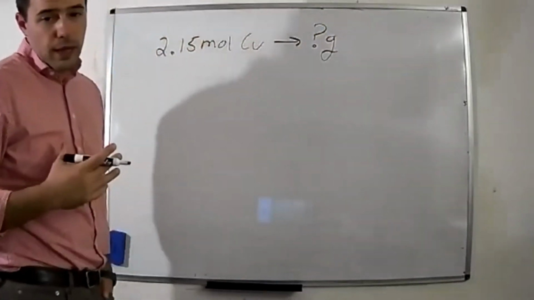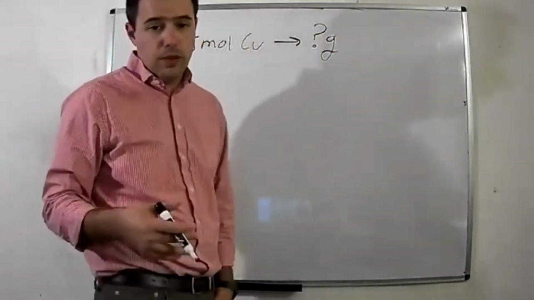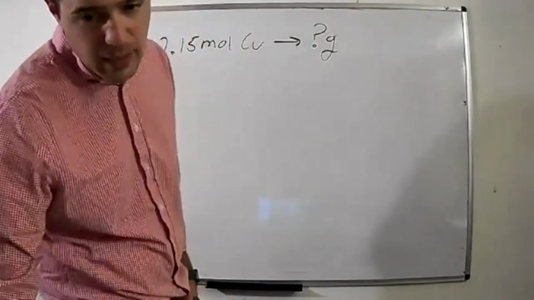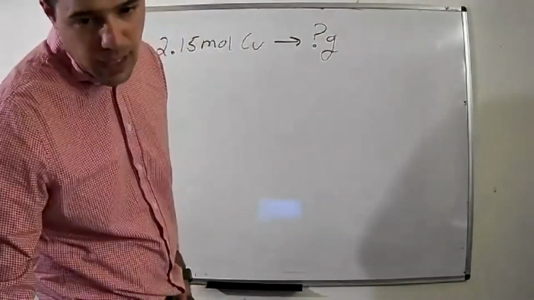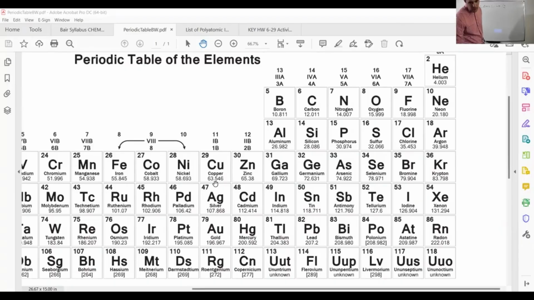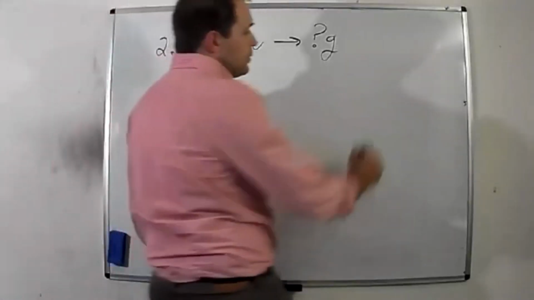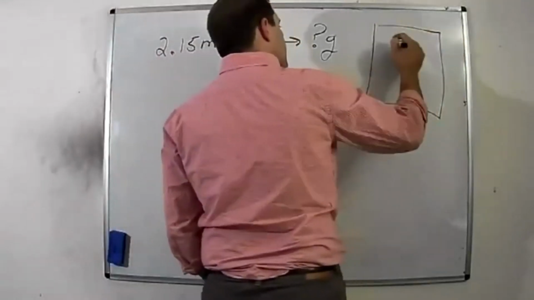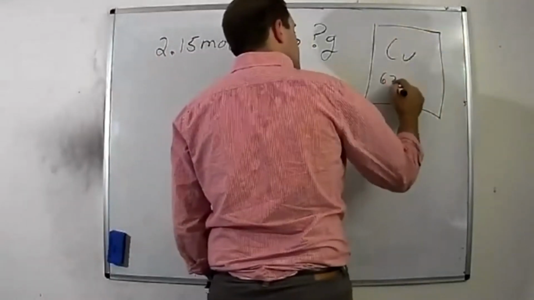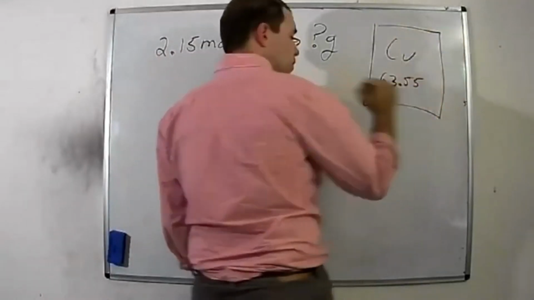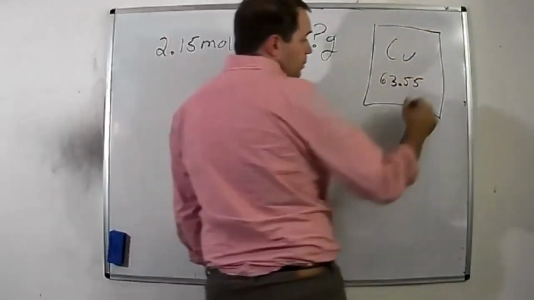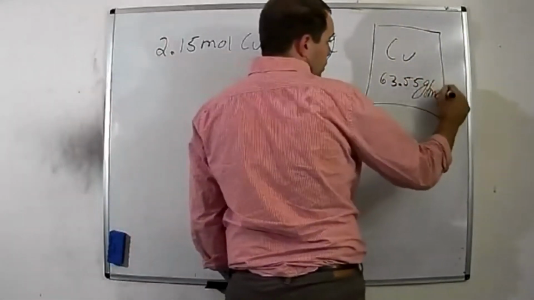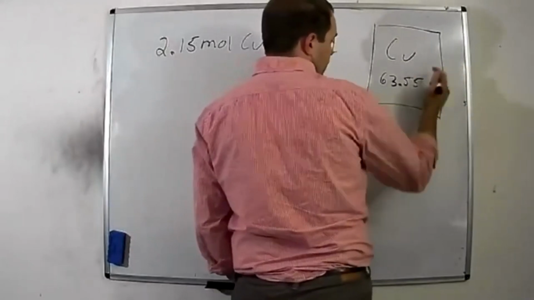Well, that's where you're going to have to go to the periodic table, and you're going to have to find that molar mass or atomic mass of copper, and it's 63.55. So that mass from the periodic table for copper is 63.55. There are no units written there, but the units are grams per mole. It's going to be really important.